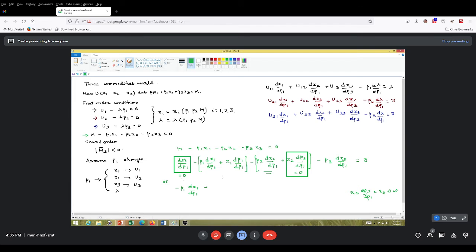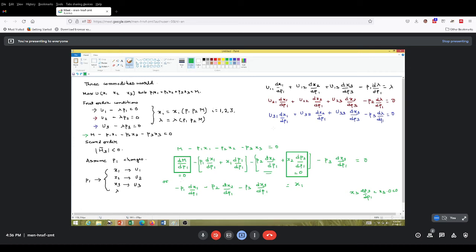I'm just bringing all the terms. I'm not writing this. This is P2 dx2 by dP1, and this is, okay, then this is minus. I send this to the right hand side so that I get, sorry, dP1 is 0, so this is 1, this part is 1, so it's just x1. This is minus, it becomes positive.